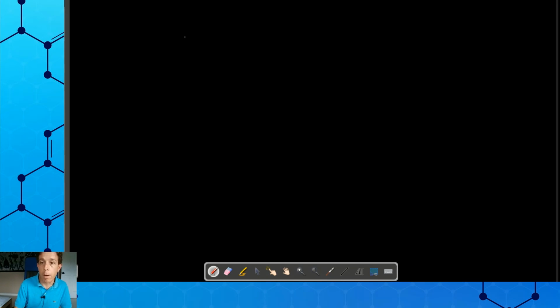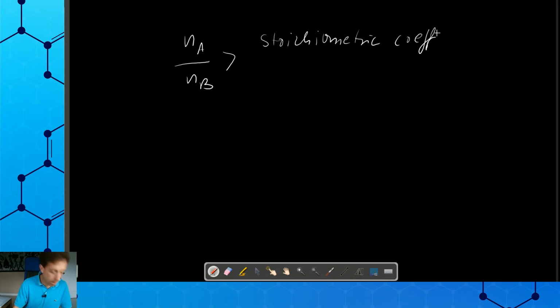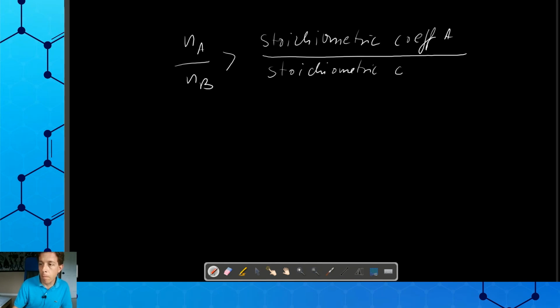You can also say number of moles of A over number of moles of B, and if that is now larger than the stoichiometric ratio, over the stoichiometric coefficient of B, coefficient, here I need to write a little bit slower with this tablet, coefficient of B. If that is smaller, then we know that B is limiting and A is in excess.